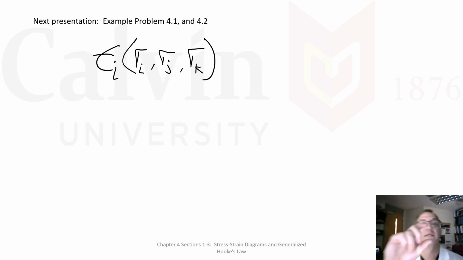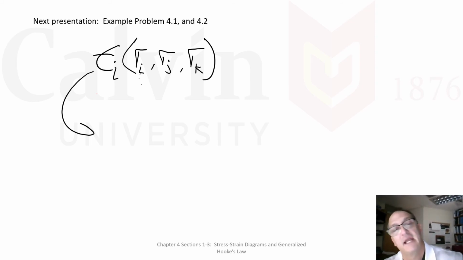What I'm saying is the strain in the X direction is a function of the stress in the X, Y, and Z. Or the strain in the Y direction is a function of the stress in the X, Y, and Z. That's one way of looking at it. What we also might want to do is take that equation and convert it.